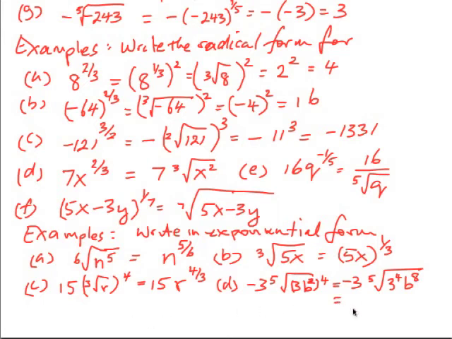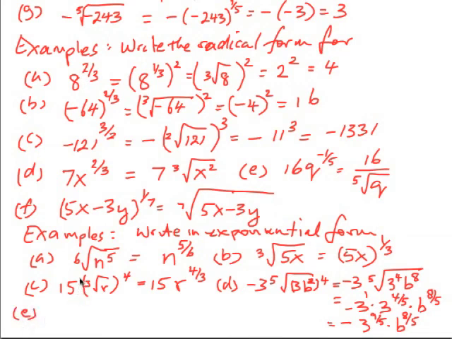So this will in fact be negative 3 times 3 to the 4/5 times b to the 8/5. Now of course this is 3 to the 1 here, so it'll be a negative. 1 plus 4/5 is 9/5, so 3 to the 9/5 times b to the 8/5.